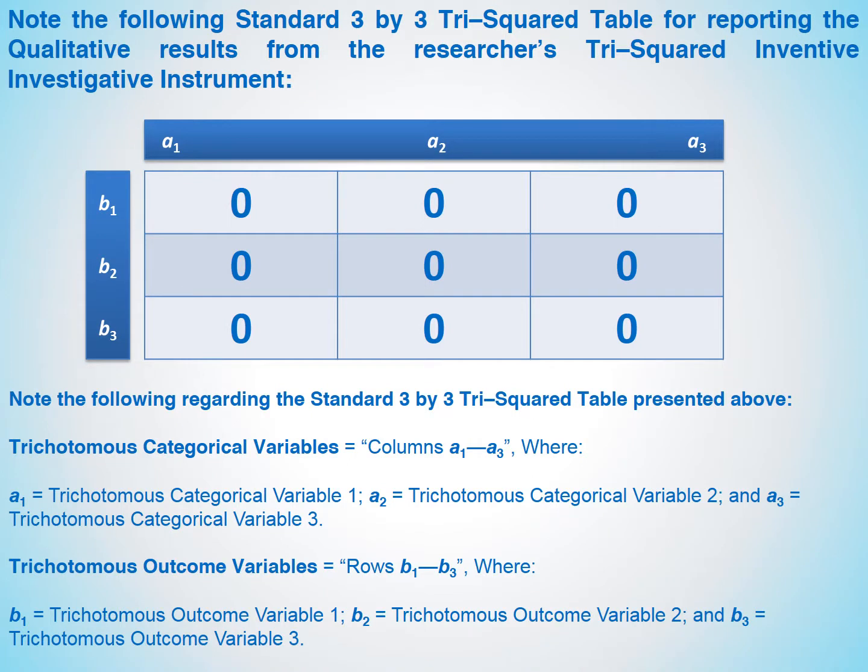Note that the following standard 3x3 tri-squared table is used for reporting qualitative results from the researcher's tri-squared inventive investigative instrument. And so you see in this row and column fashion, very similar to chi-square, you would see the outcomes that are put in that you then use the calculation to determine the outcomes quantitatively from the qualitative data drawn from the researcher's inventive investigative instrument.